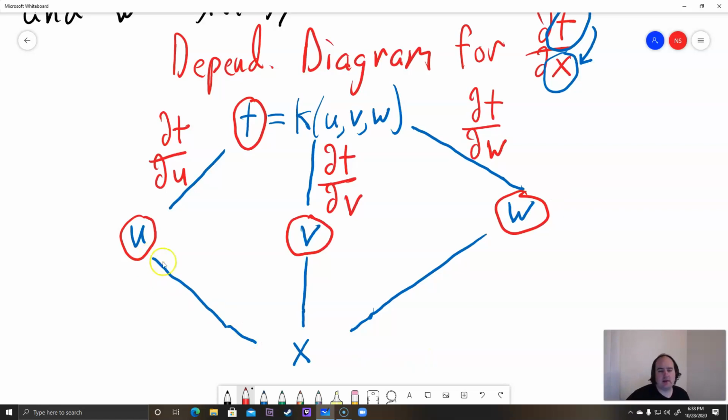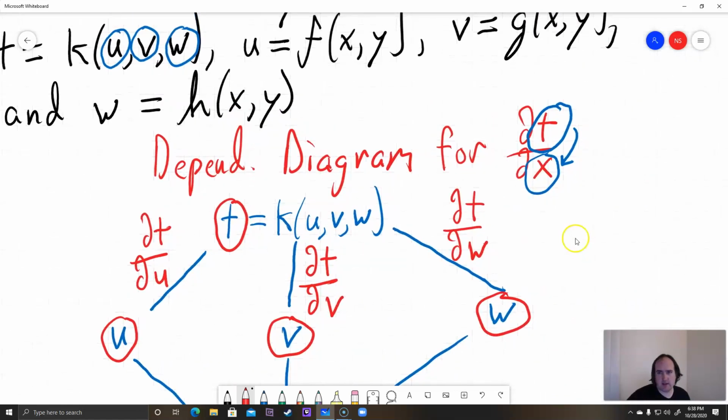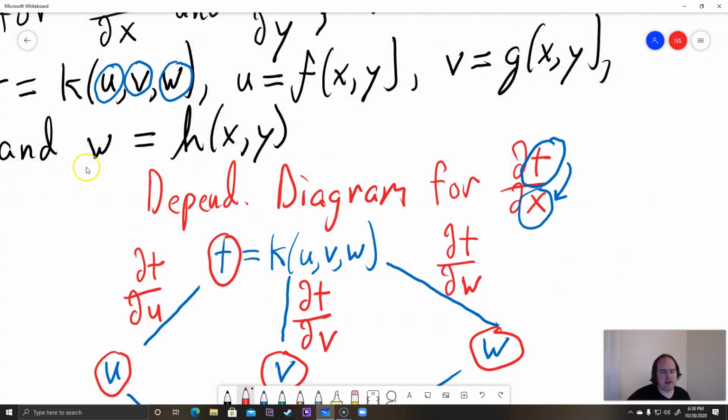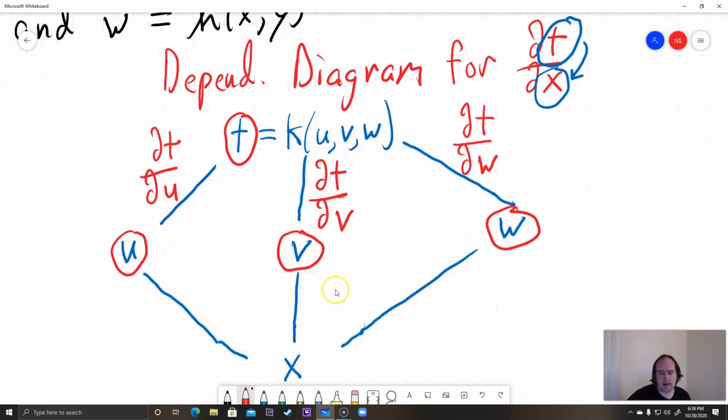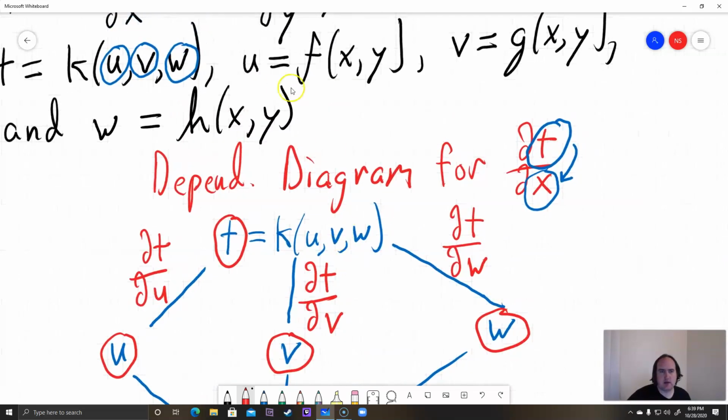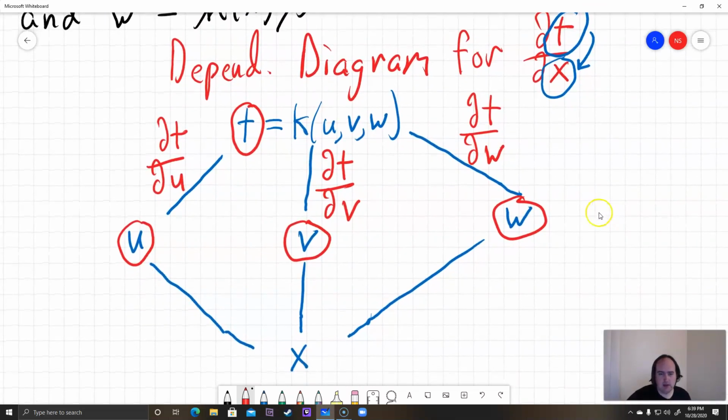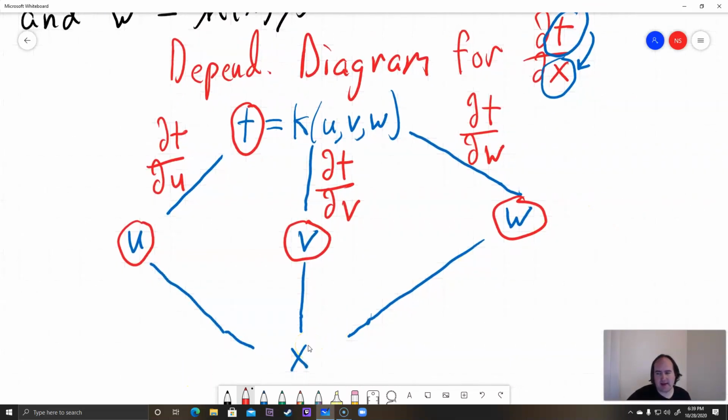Okay? And then down here, we have the same thing. And these are going to be partial derivatives, not like the last one we did, because remember, u, v, and w are functions of two variables. So here we're going to have partial derivatives, since u, v, and w are functions of two variables. But all of these go down to x. So let's start with the left side.